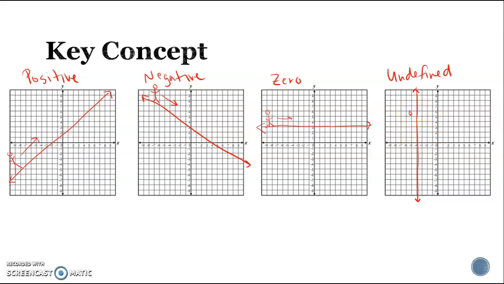I've always just drawn a person trying to hold on to the line, because otherwise he's going to fall off the wall. So a zero slope is like our floor, an undefined slope is like a wall. So those are your types of slope. And that takes us through the basics of slope. So in the next video, we'll talk about finding slope and the different ways to find slope.